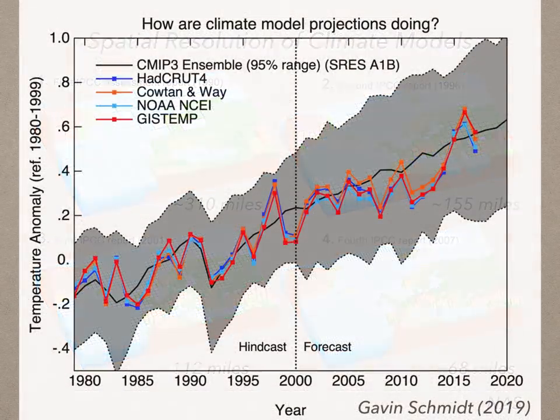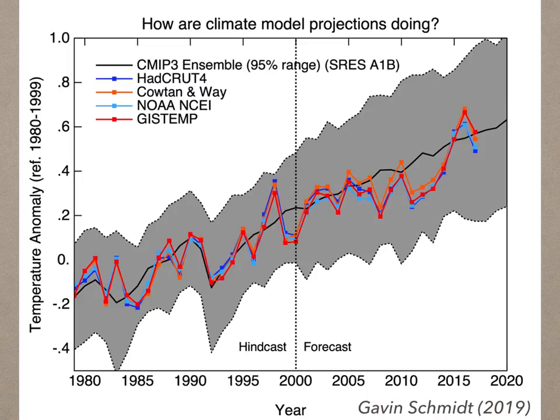How well do climate models actually simulate the Earth's climate system? That's a very important question to ask. Climate models have ways of validating or verifying their climate models, and here's just one example. This is the anomaly in global mean surface temperature in degrees centigrade.